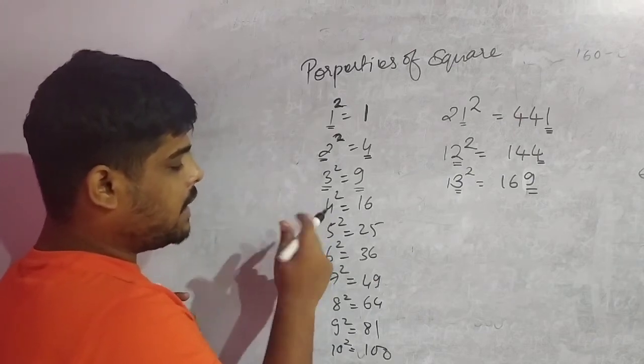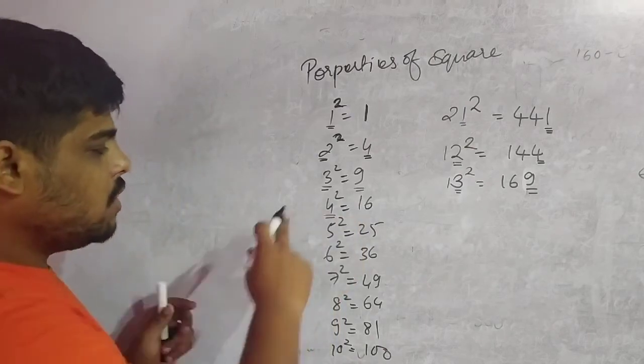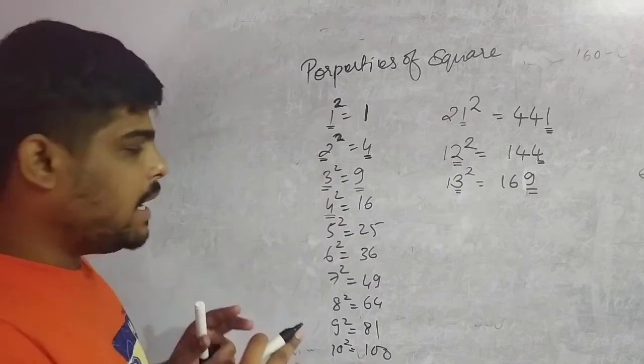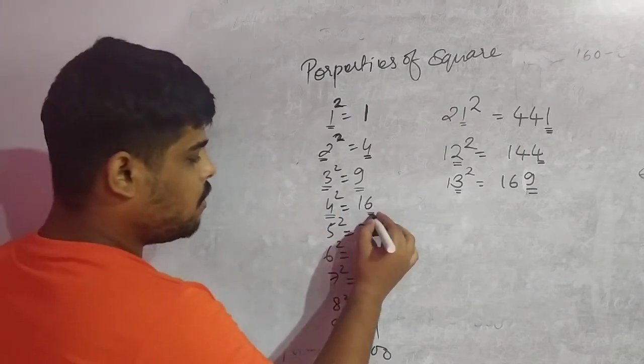Now if any number contains 4 at the ones place or the last digit, the square of that number contains 6 at the ones place. How?